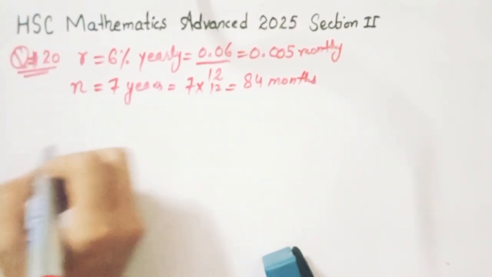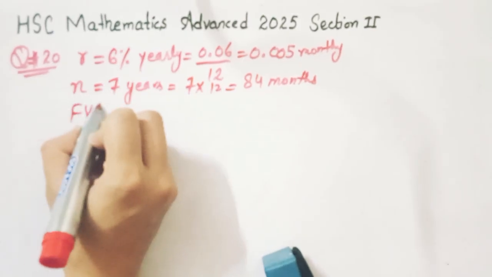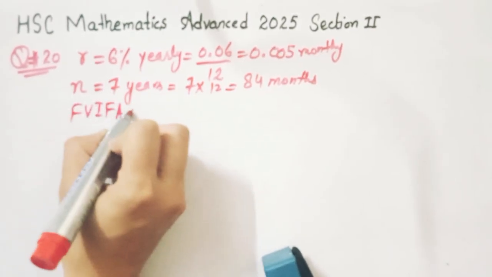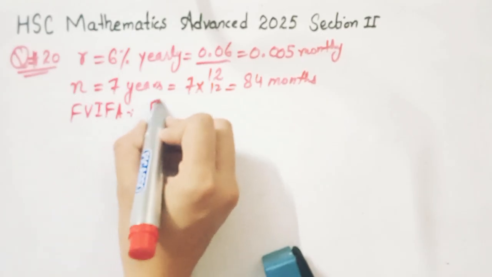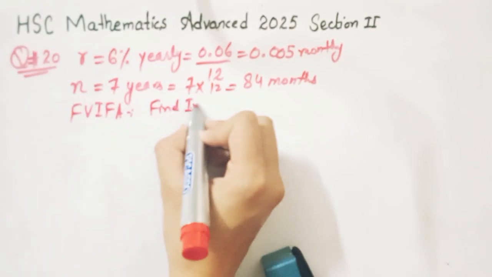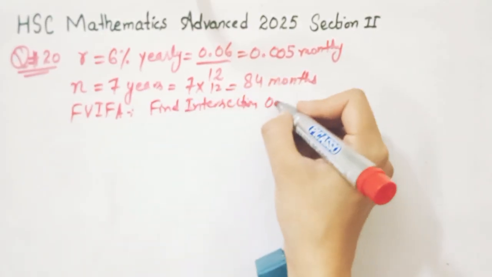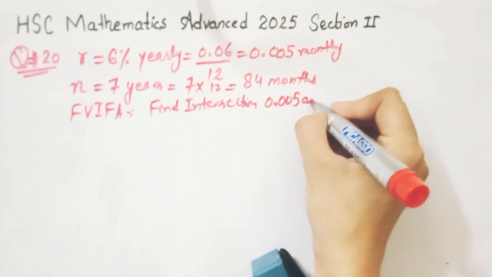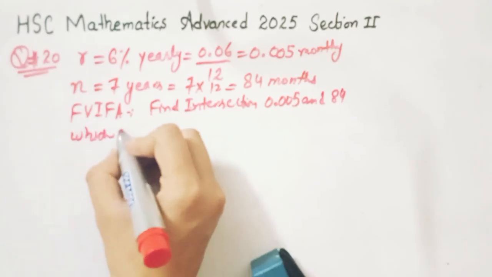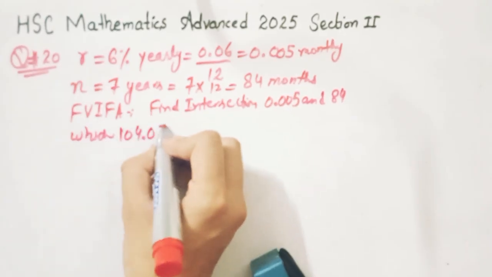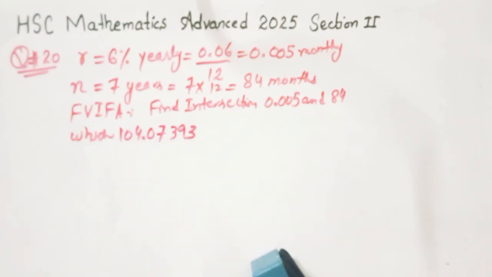Then you have to find the table factor. So the table factor is FVIFA. You have to find the intersection of 0.005 and 84, which is 104.07393. You can see this in the statement of the question.